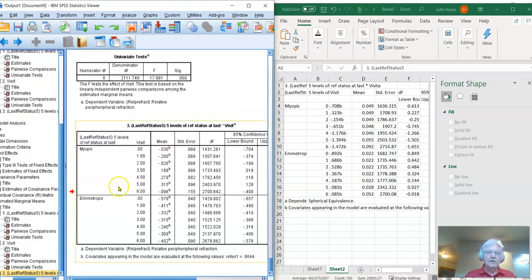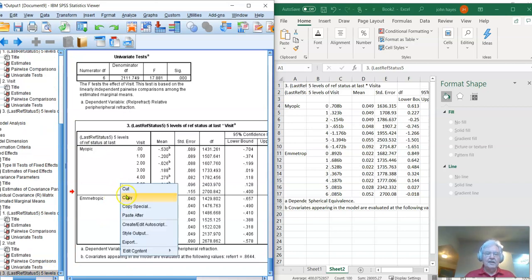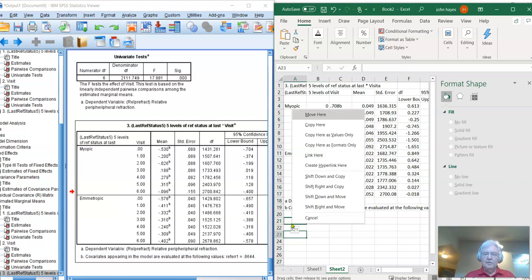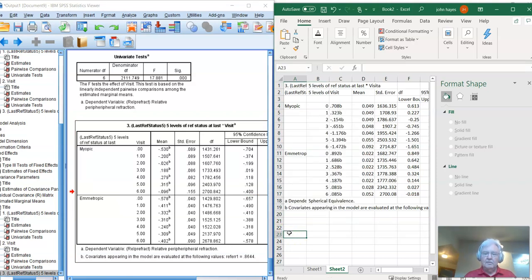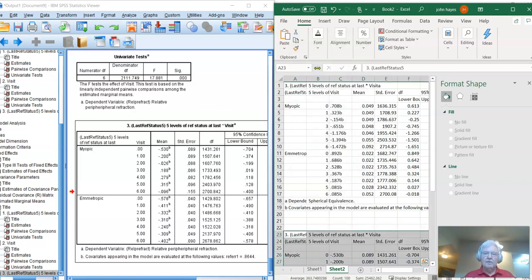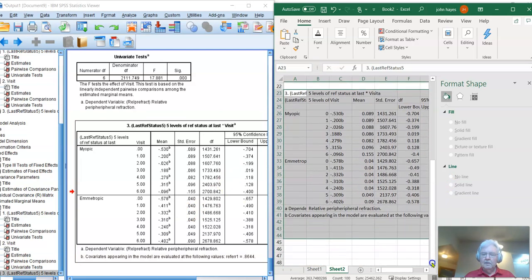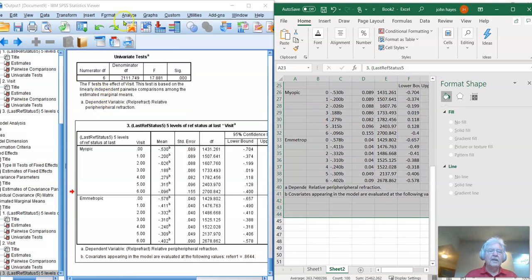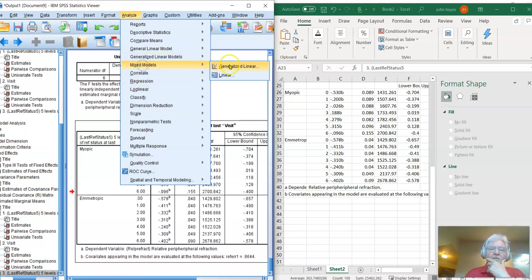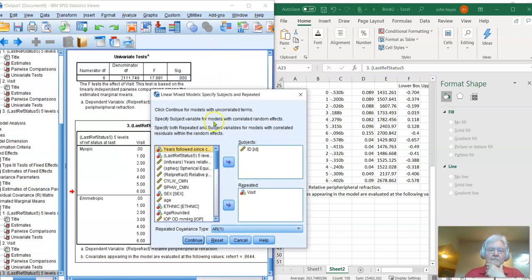Come down here, find this chart again, copy, and put it down here, right-click, graph there, come down. Okay, let's go analyze, mixed, linear. Now we have to find peripheral refraction.